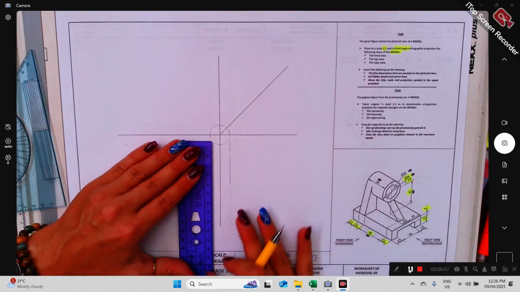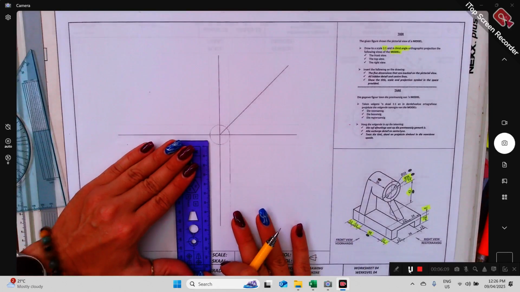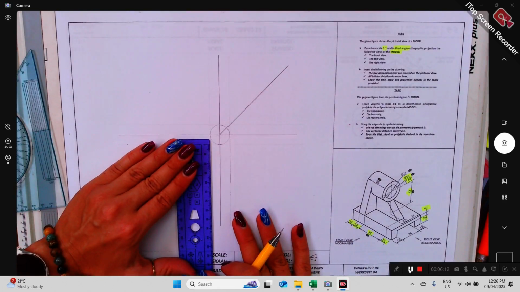So I measure from my starting point in the corner that I have indicated.